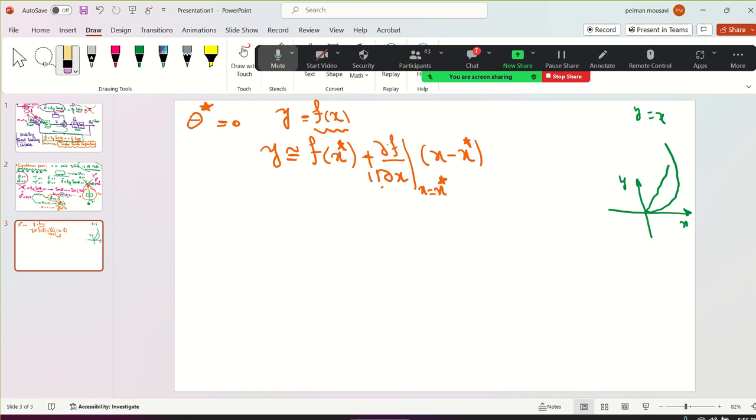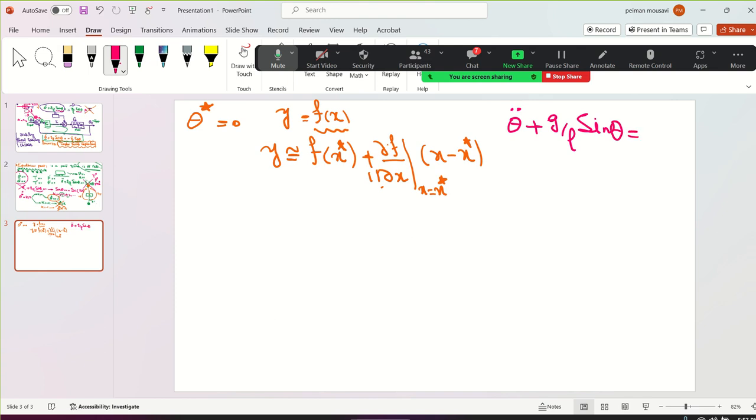So now I'm just doing this, and you can do the rest at home as homework. So what is our equation? Our equation is theta double dot plus g over L sine theta equals minus x double dot over L cosine theta. We found the equilibrium point is 0.